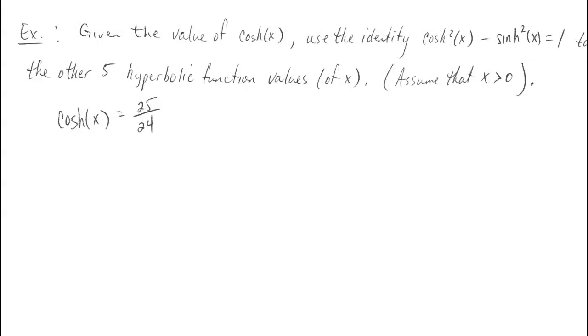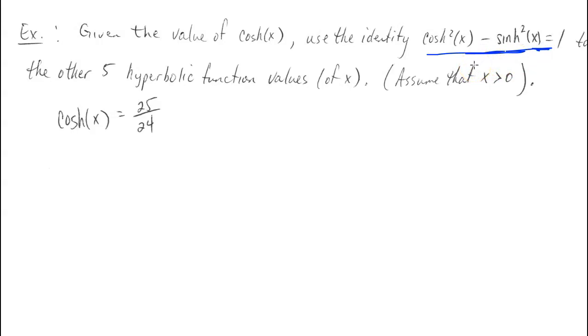So in this video, we're actually just going to do examples using what we learned from the part one video. Here's our first problem. We're given a value of cosine hyperbolic, and we want to use the identity cosh squared minus sinh squared equals 1 to find the other 5 hyperbolic functions.